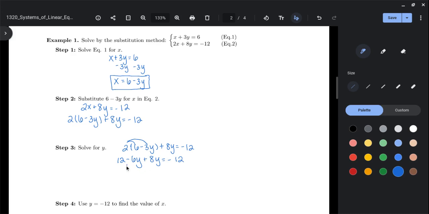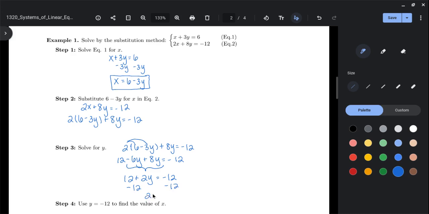I have like terms here, negative 6y and positive 8y, and we get positive 2y. And I still have this 12 in front, and then our negative 12. So now I'm trying to isolate y, so I want to get rid of this constant by subtracting 12 on both sides.